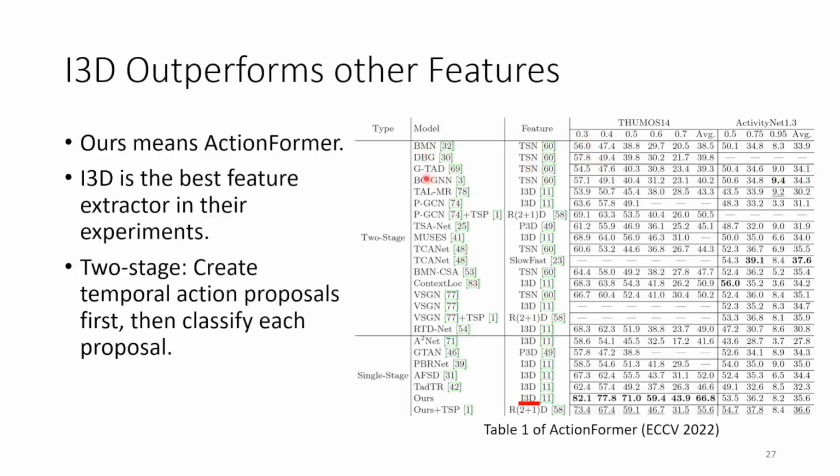And then when PGCN submitted the paper, they included BMN and DBG because their performance is better than the previous two methods. So when ActionFormer wanted to submit a paper, they compared against existing papers, and the paper will include all the existing papers.